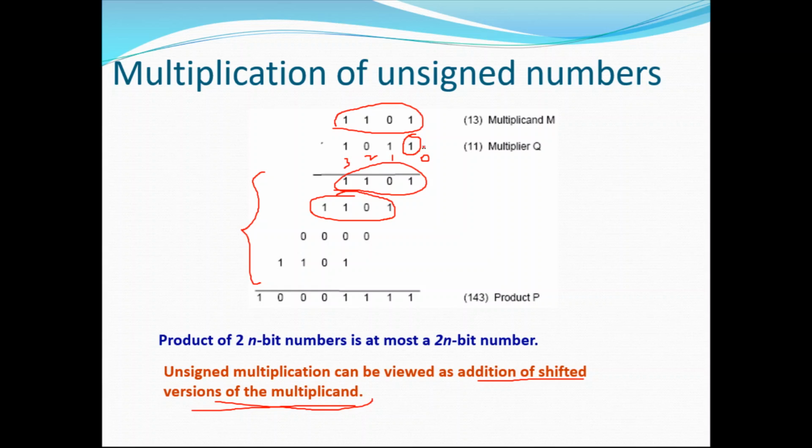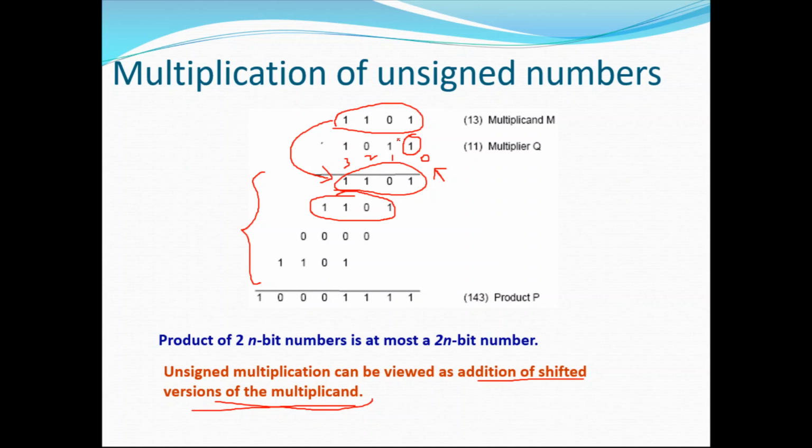When bit 0 is 1, you don't shift. Whatever the bit number, that many times it should be shifted. For bit 0 you do 0 shifting. If it is 1, then just copy the multiplicand. If it is 0, just fill up with 0s here.